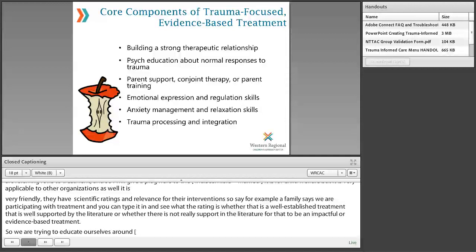So again, when we're thinking of system collaboration and learning about other systems that provide these services or refer to these services, these are some helpful talking points when we're thinking about evidence-based treatments and evidence-based practices.